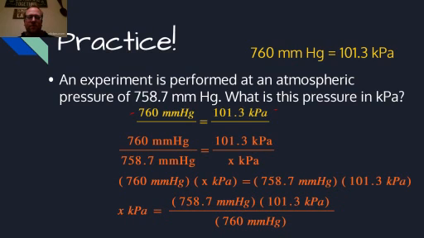And then 758.7 that I get from the question right here, and then X kPa, again, I don't know what my kilopascals are. That's what I'm trying to find. Using cross multiplication and division, I find that my pressure is just under standard pressure at 101.1 kPa, and that makes sense. If we go back, 760 millimeters of mercury is standard pressure. I'm at 758.7, so it makes sense that I would be just under standard pressure in kPa.